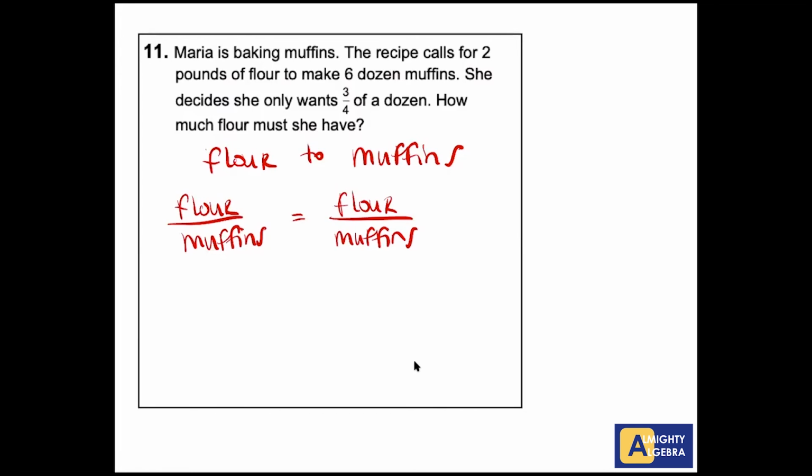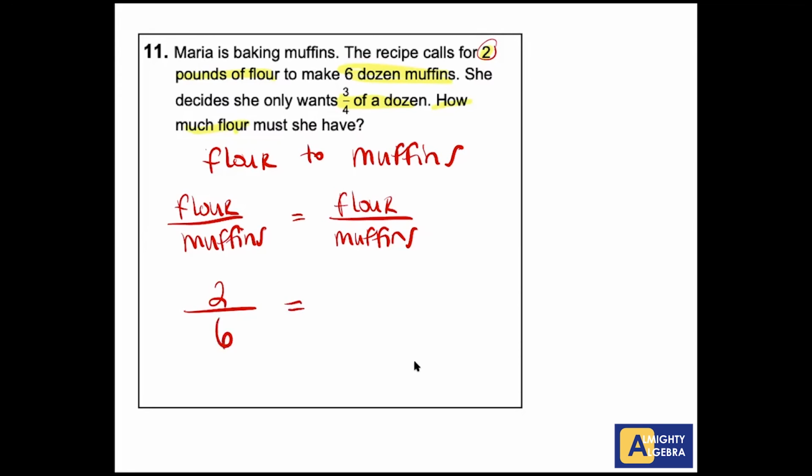The recipe called for 2 pounds of flour for 6 dozen muffins. She decides she only wants 3/4 of a dozen. How much flour? Okay, so flour, 2 pounds. That goes in my numerator. 2 over 6 dozen muffins.